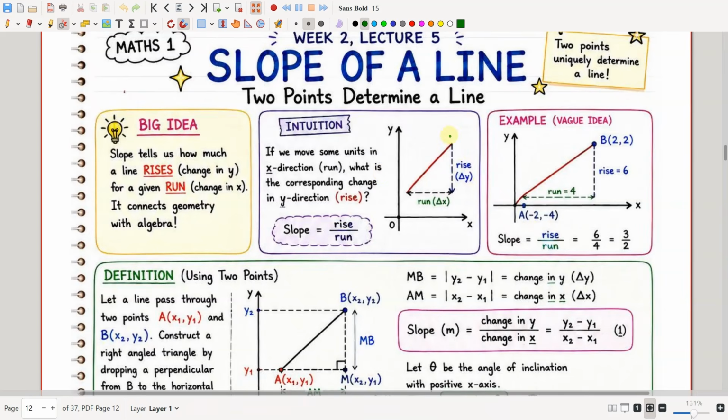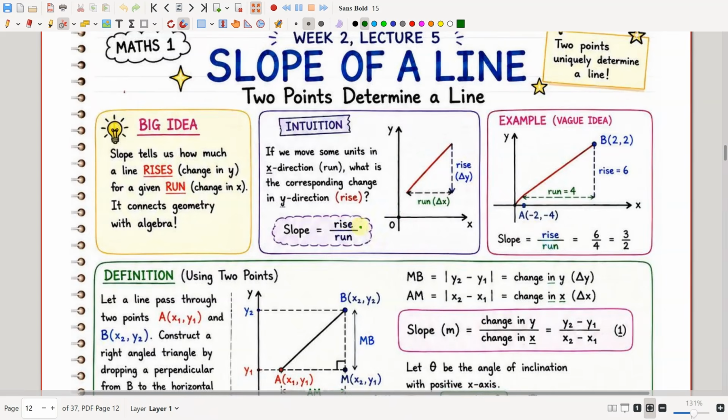Rise means the y-axis, right? Run means the x-axis. So in generic terms, slope will be rise divided by run. In geometrical terms, rise means you will be rising towards the height. Height denotes the y-axis according to geometry, right?